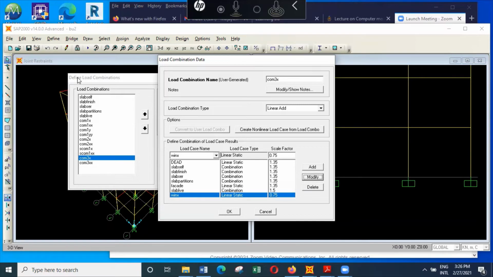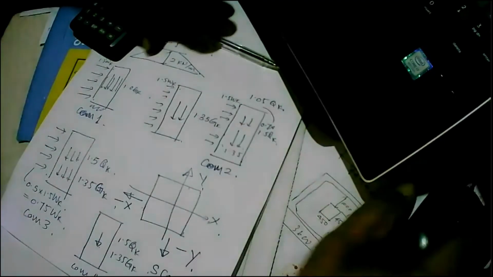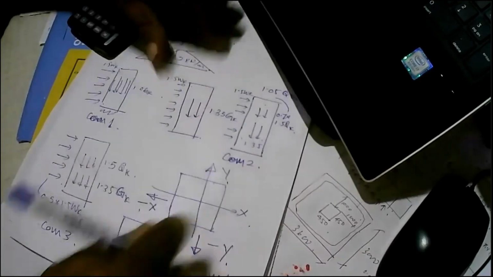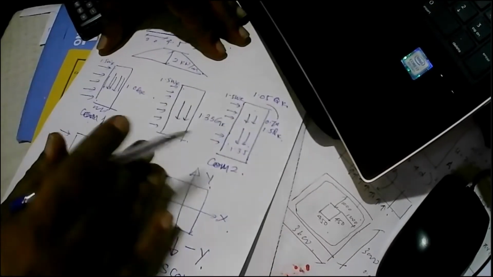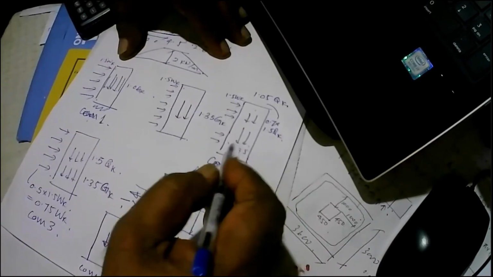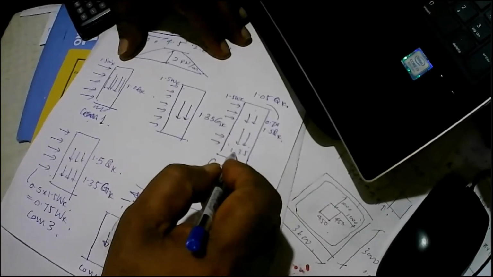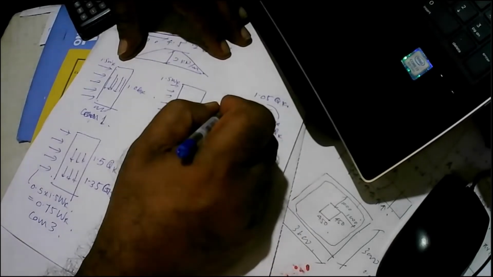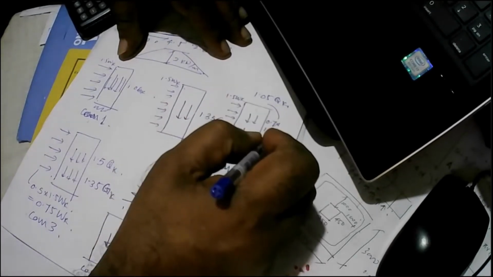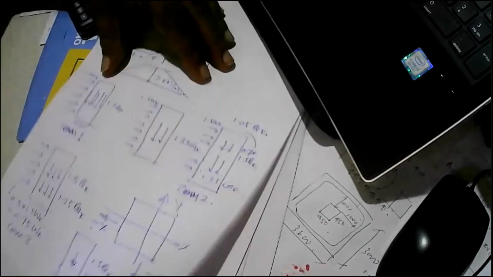So what I have drawn is this combination 1, which has only the dead and wind. Combination 2 has 1.35 GK, 1.5 WK, and 1.05 QK.